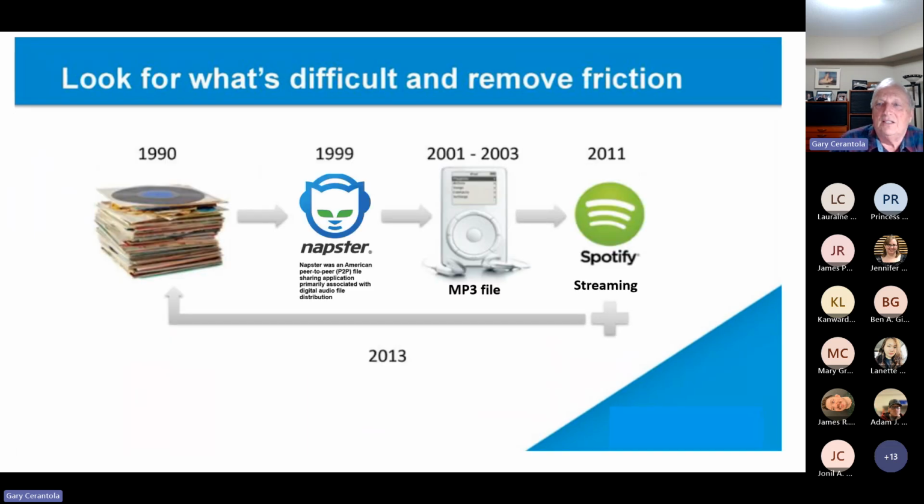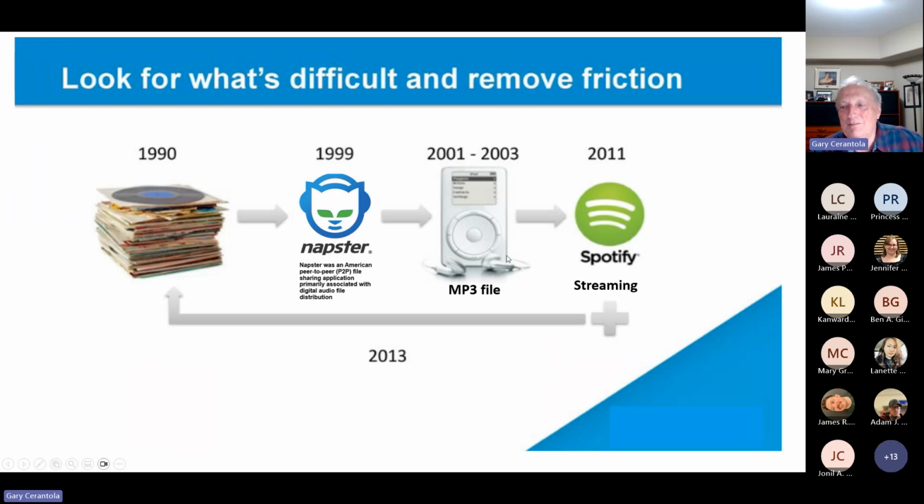Okay, so here's an example of how, when we started with CDs, Apple actually put the entertainment business on its ear for recordings, because they replaced that where you could download an MP3 file for 99 cents, whereas previously you were paying $30 for a CD album.